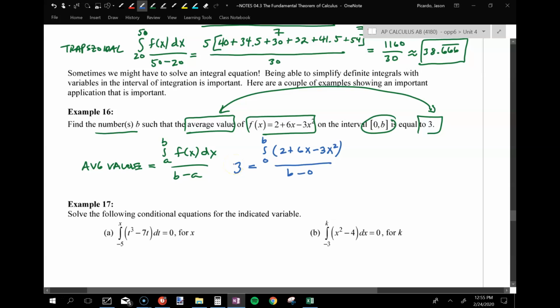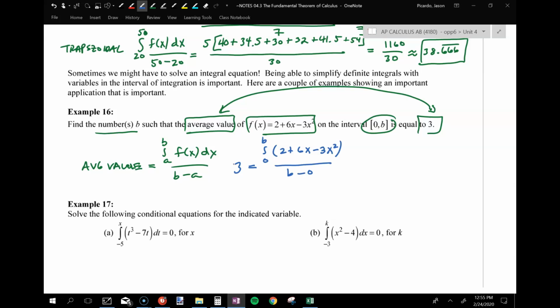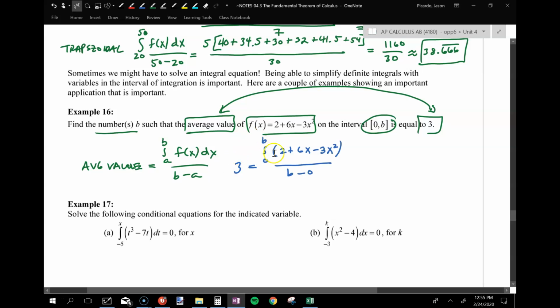Now, if we look at that, it seems complex. It seems difficult. Watch how easy a problem like this actually is. I want to solve this. It's an equation, right? So isn't this 3 over 1? Well, if I do that, don't I have a fraction equal a fraction, which means I can take a cross product. So isn't it fair to say this integral is equal to 3b?